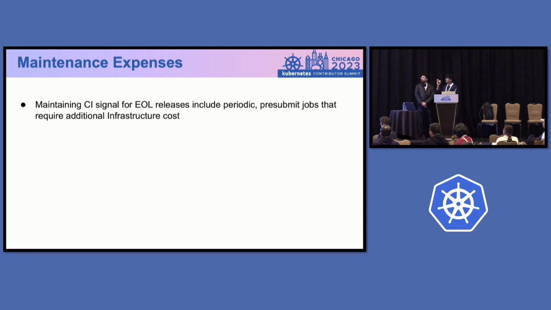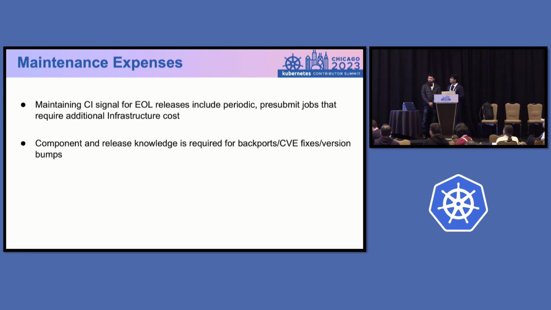And these periodic jobs, end-to-end jobs, are very, very resource hungry, as we already know. If it's resource hungry, it comes with a high maintenance cost. So that is also one aspect that we need to consider while talking about LTS.